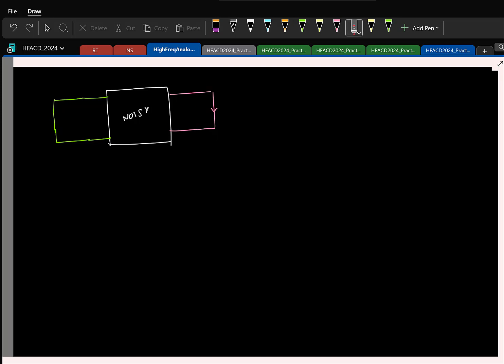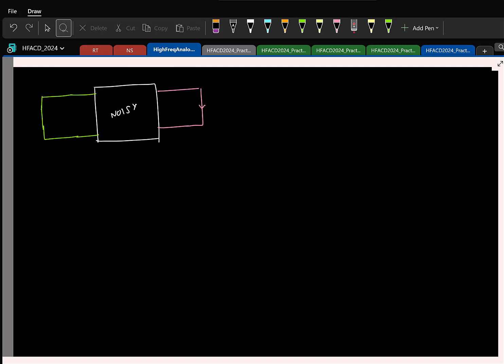You also saw how you go about doing that. You take each noise source in the network one at a time. Say the kth noise source has a current power spectral density S_Ik(f).